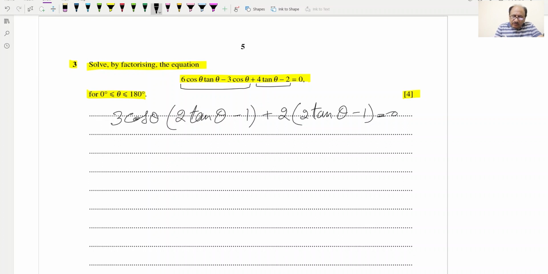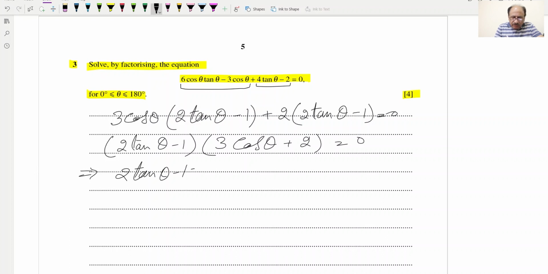Now these two are the same, so we can take them common. So 2 tan theta minus 1 is one factor, and the second factor will be 3 cos theta plus 2, is equal to 0. This implies what? This implies 2 tan theta minus 1 is equal to 0, or 3 cos theta plus 2 is equal to 0.